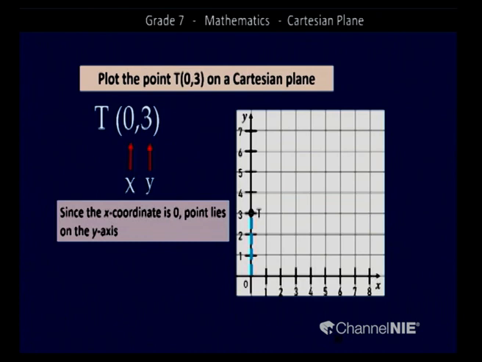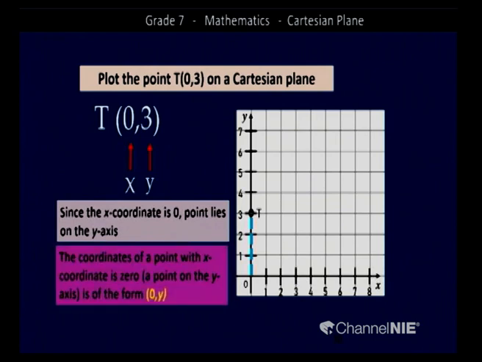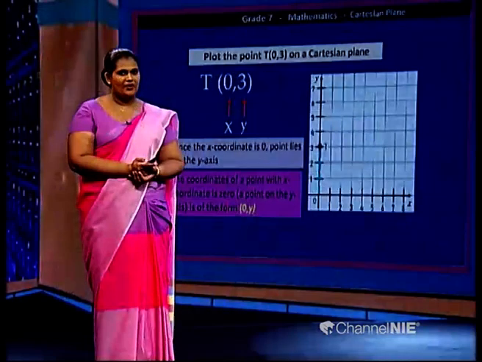So, we can say since the x coordinate is 0, the point lies on the y axis, and we can say the coordinates of a point with x coordinate 0 are of the form (0, y). That means you can put any value for y, the x coordinate is always equal to 0. Right.